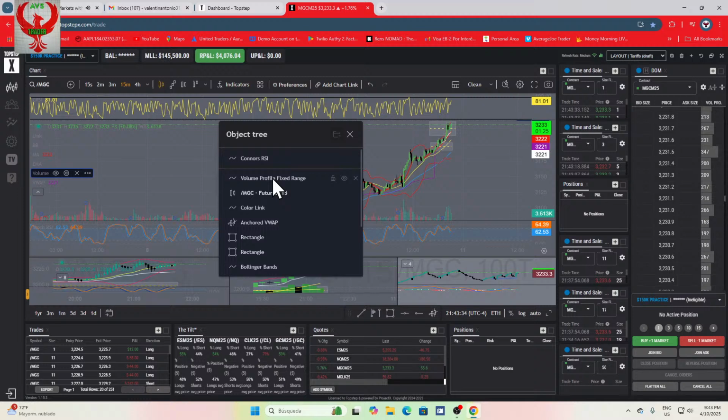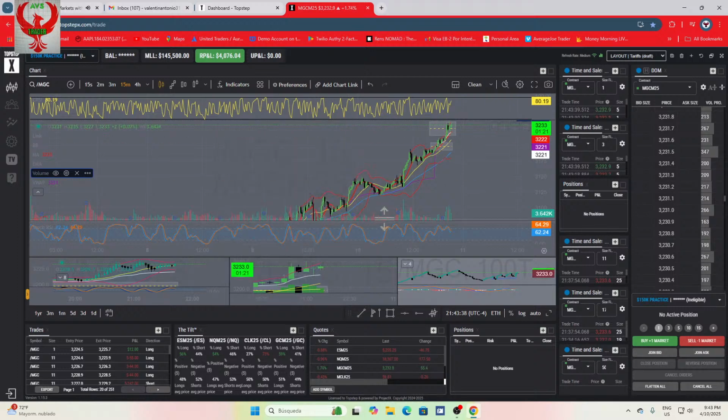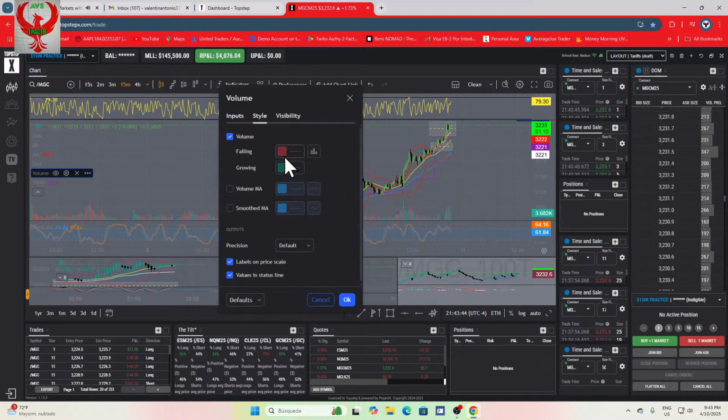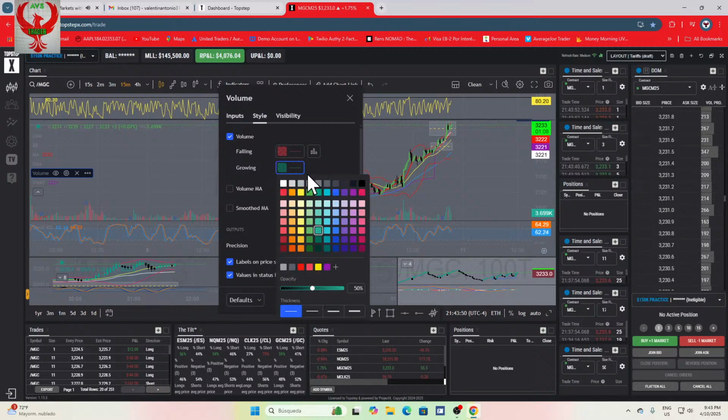Okay, added 2. 3. Let's see if we get this momentum through to the upside now. We're still holding these higher lows. We'll get 4.